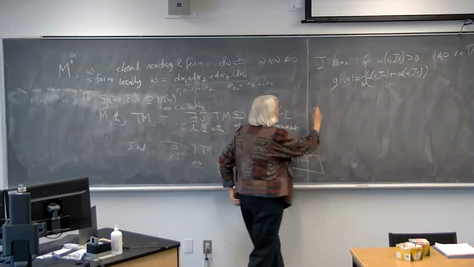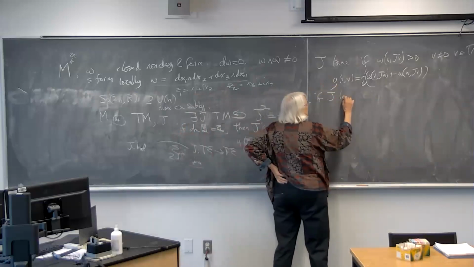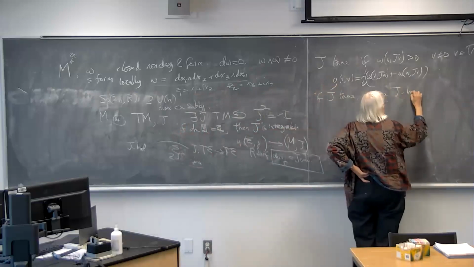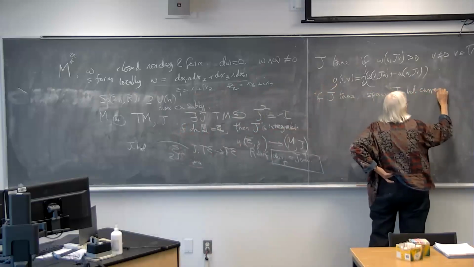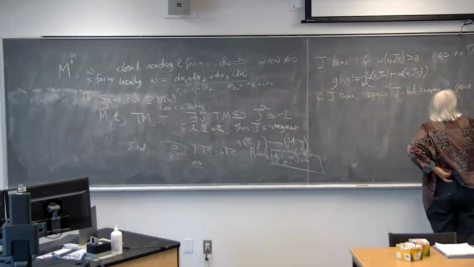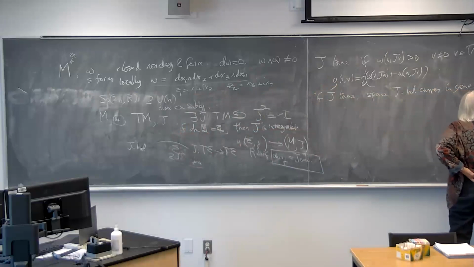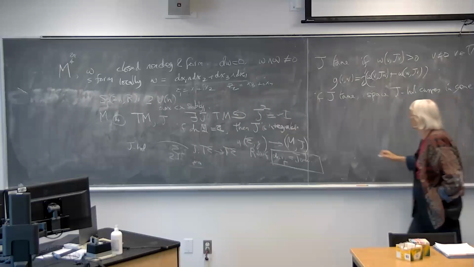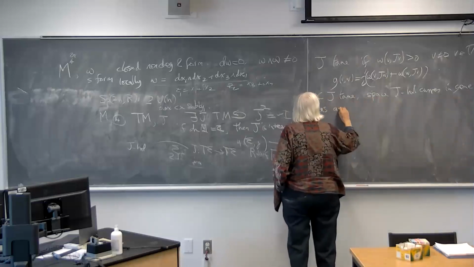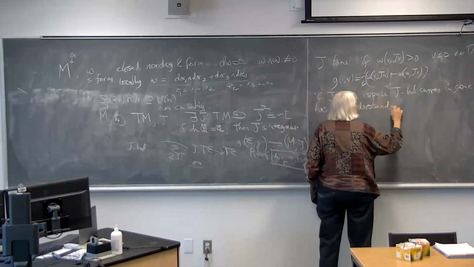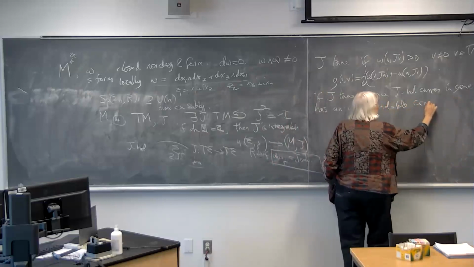So if you look at the space of J holomorphic curves in some homology class A in the manifold, it has an understandable compactification.